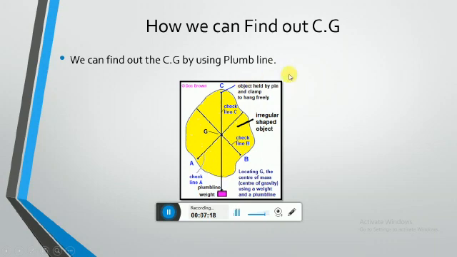Hang this irregular shape object firstly at point A. It means this point A was initially at the position where point C looks in the figure.